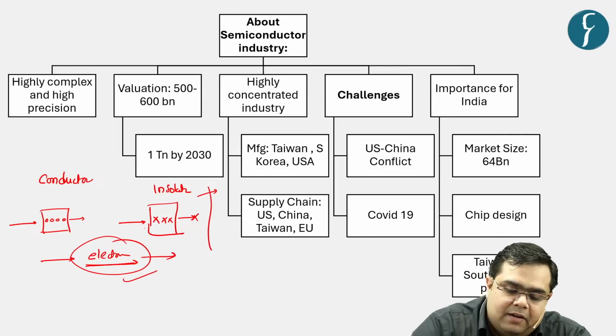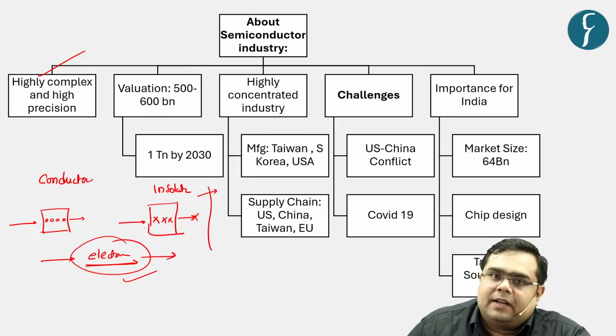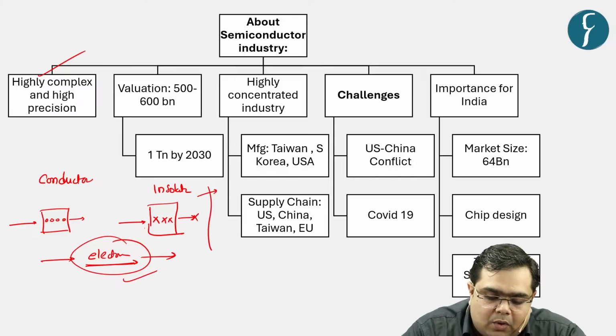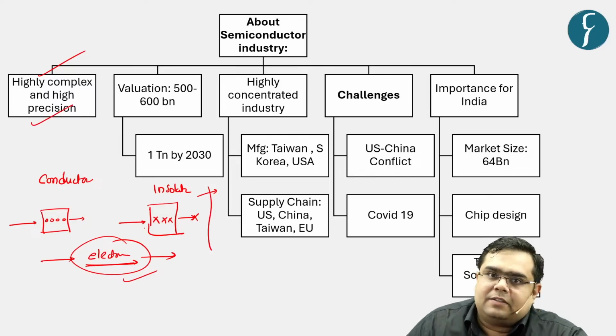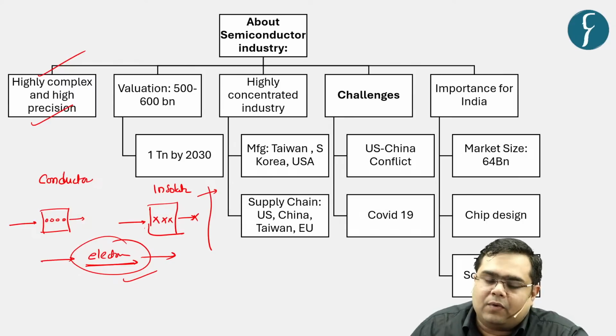First of all, it is a highly complex and high precision job, right? Semiconductors are used for manufacturing semiconductor chips, and the work is done at a micro level. For example, these are called motherboards, microprocessors, right? The skill required is of very high precision, and very high levels of skill are required for the development of semiconductors, right?